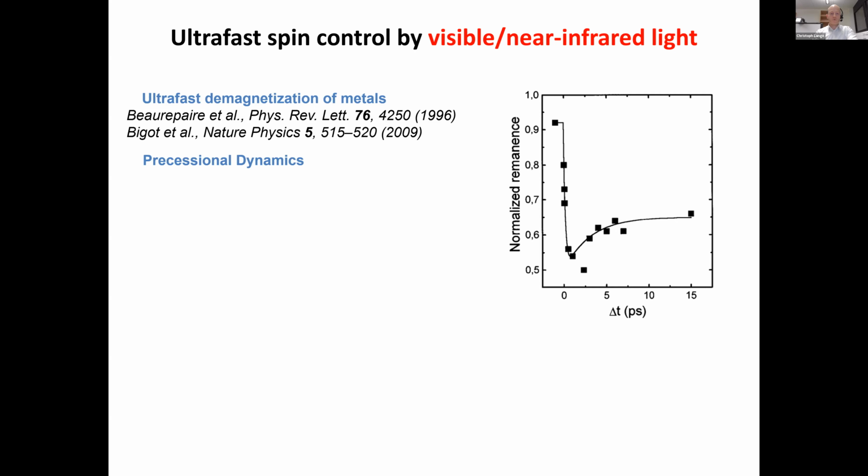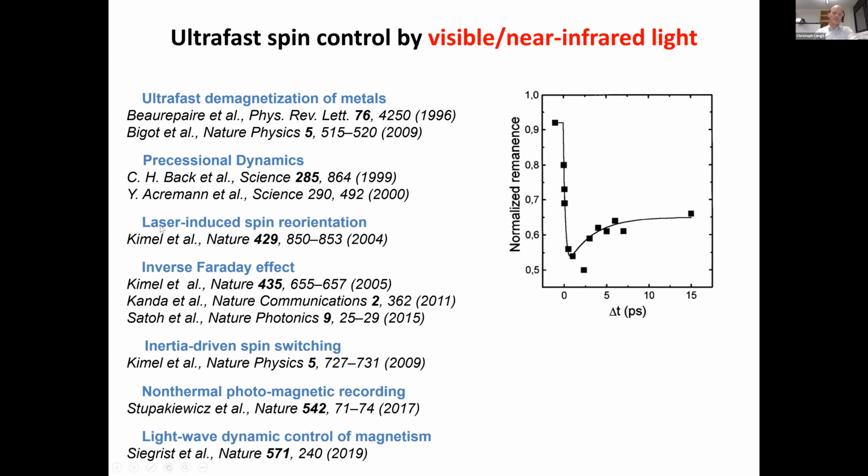Ever since then, more sophisticated schemes came up: inducing precessional dynamics in spins, inducing spin reorientation by the laser field, exploiting an inverse Faraday effect by which a magnetic transient field is created on the sample, all the way up to non-thermal photomagnetic recording and light wave control of magnetism.